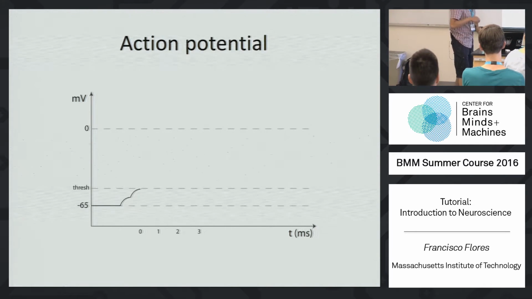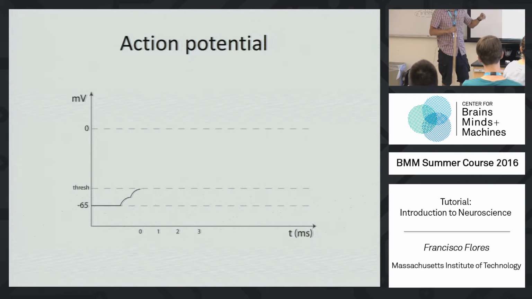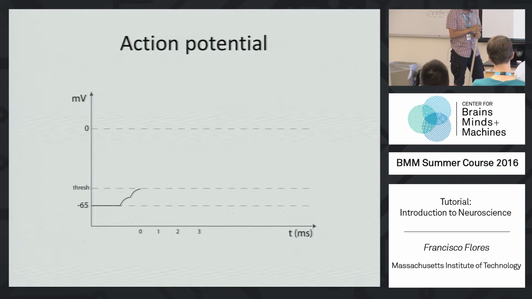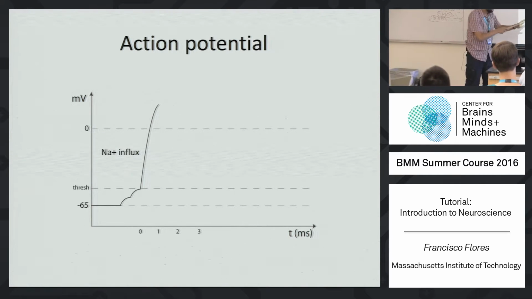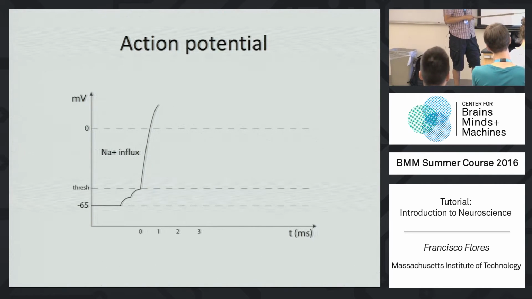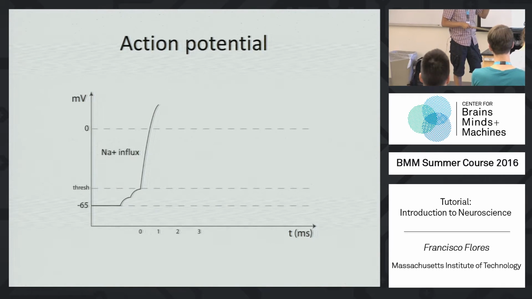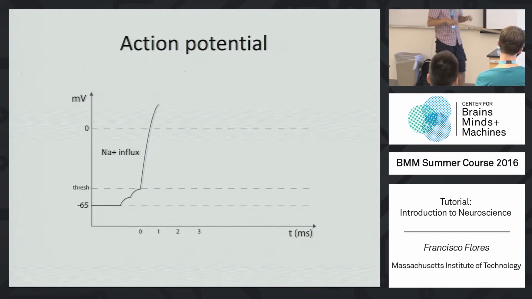But if I introduce a second input right after I finish the first one, and the membrane potential reaches what is called the threshold for gating the sodium channel, which we just saw before, there's going to be a huge sodium influx, which is going to result in a net depolarization of the membrane that is actually going to overshoot over the 0. So at this very point, what I said before, that the neuron typically has a negative charge inside and a positive charge outside, is going to reverse. It's going to have a positive charge inside and a negative charge outside.